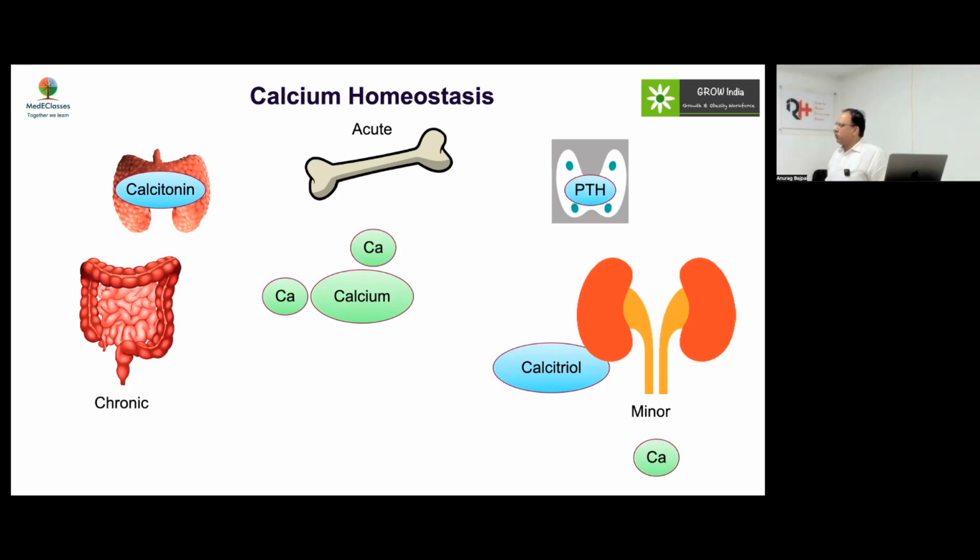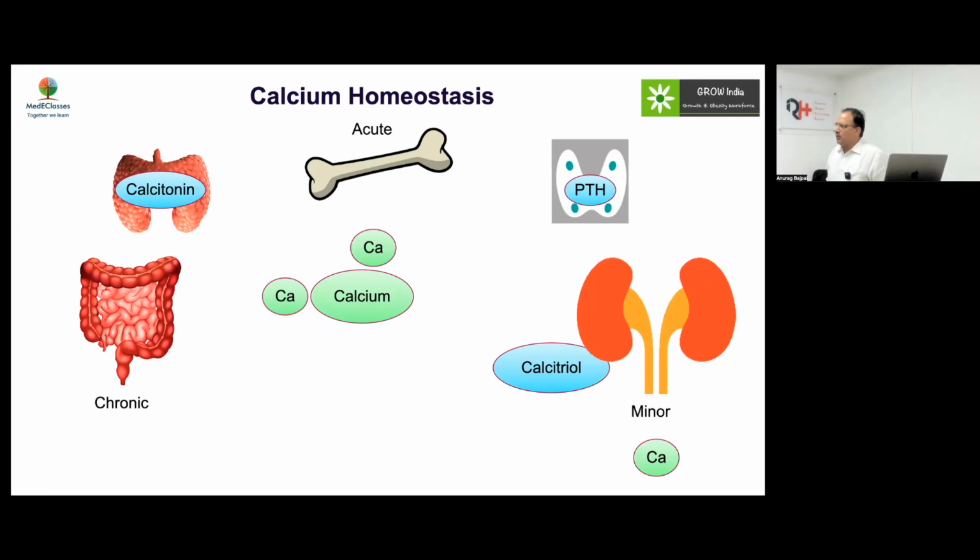And finally, we have calcitonin, which is basically a hypocalcemic hormone. Since the body has evolved in a calcium-deplete state, the evolution for conservation against hypocalcemia is much more than conservation against hypercalcemia.